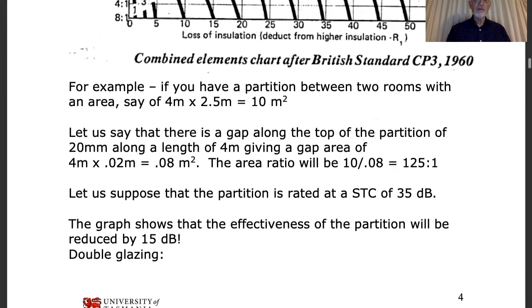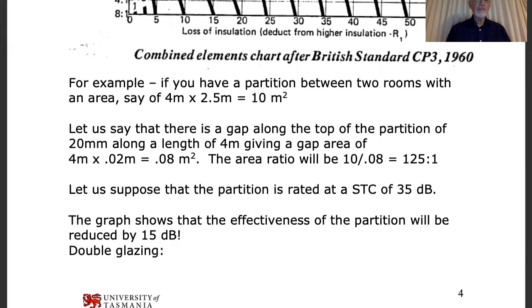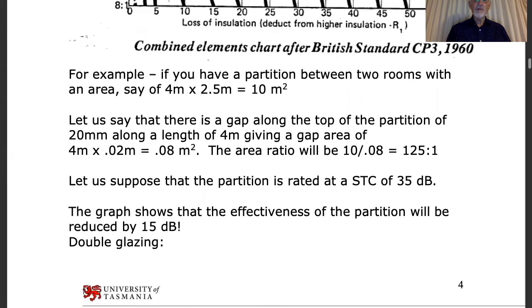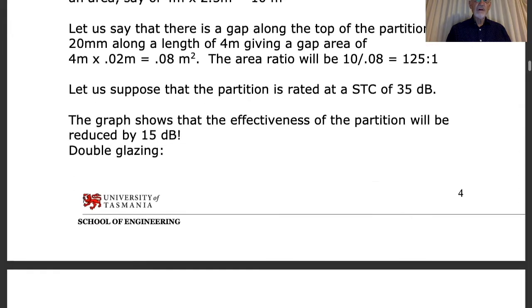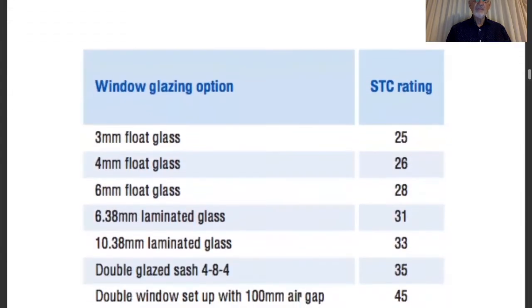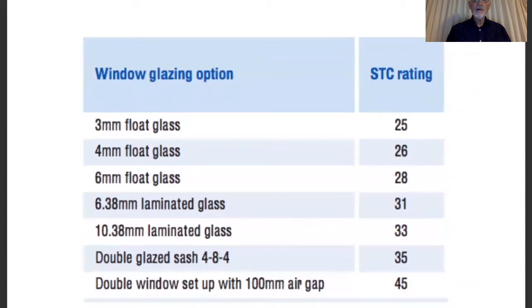If you want to read through the calculation there, you can get an idea of the effect of very small gaps. There's also something about double glazing. STC stands for sound transmission class, and that's just another way of indicating the isolation between two adjoining areas or rooms.